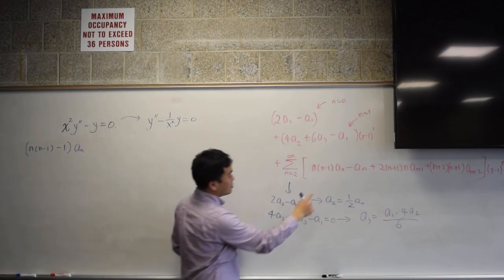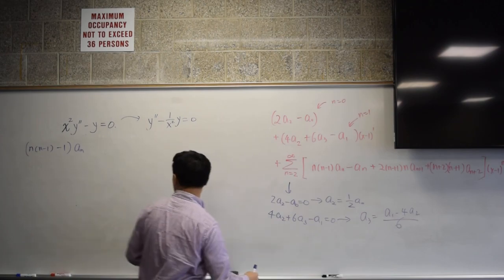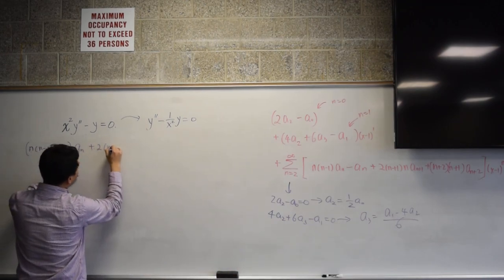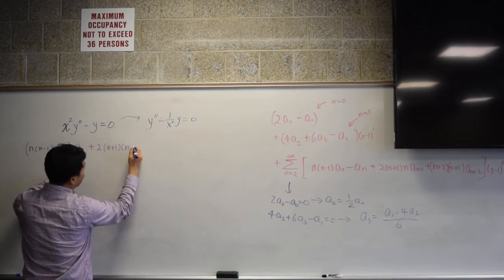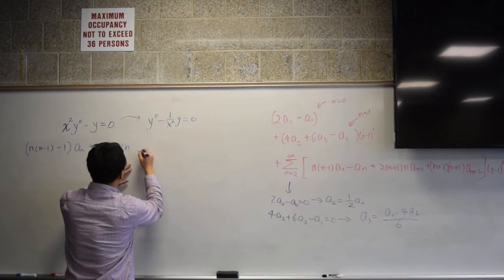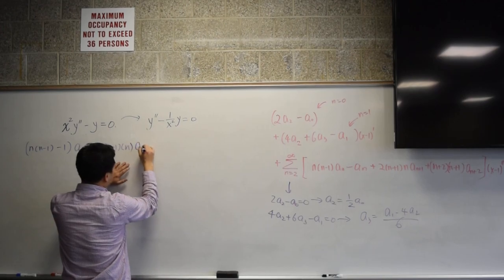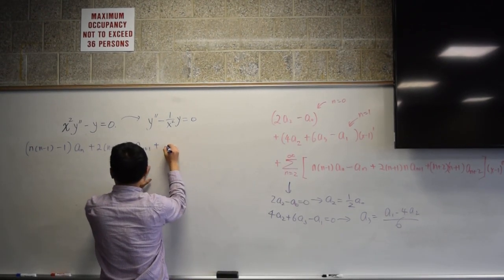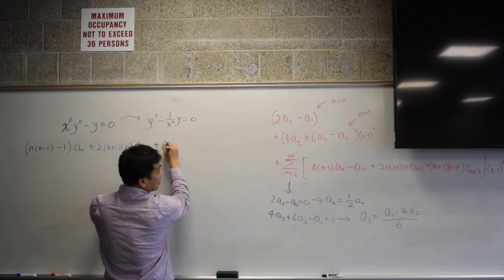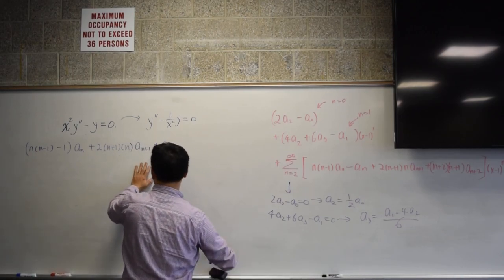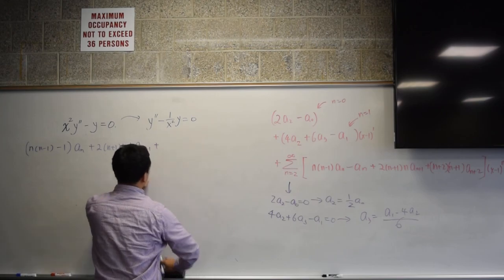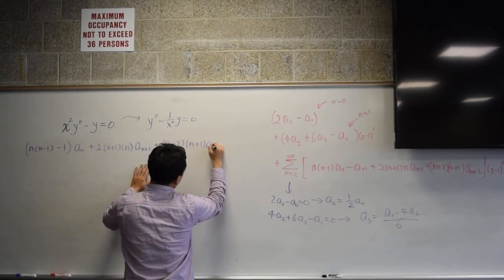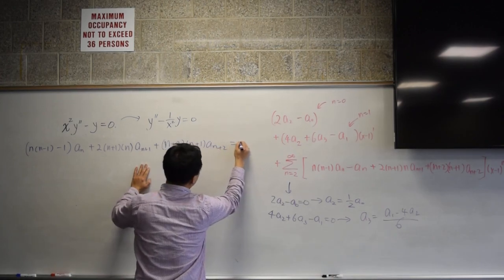So see, these are common, so I factored it out. And then plus 2 n plus 1 n a n plus 1 plus n plus 2 n plus 1 an plus 2 equal to 0.